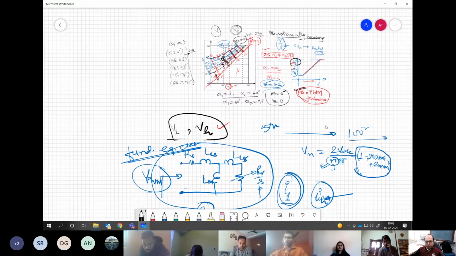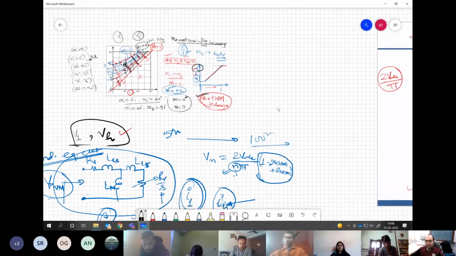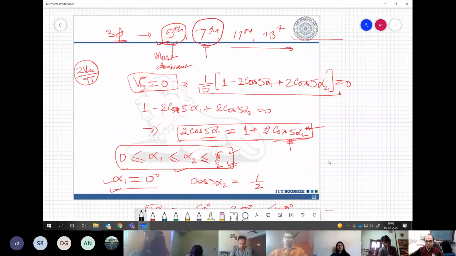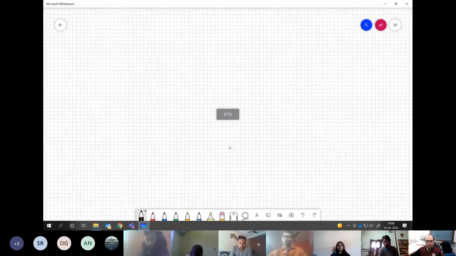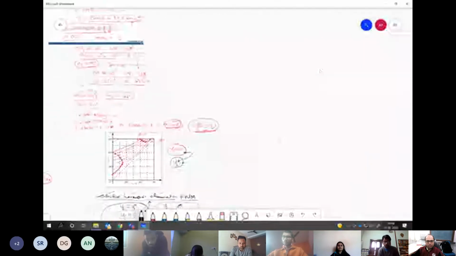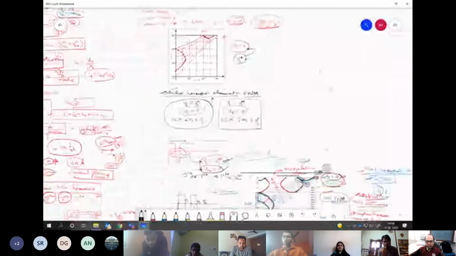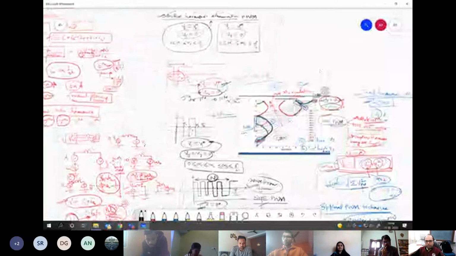So we have seen various ways, like selective harmonic elimination. Then instead of eliminating, you can go for optimized PWM technique. These things we have seen in detail, in terms of the simple case.